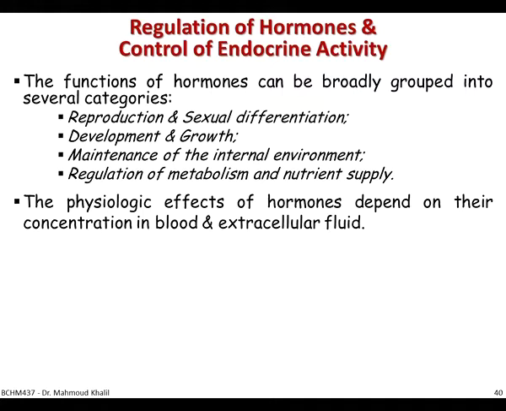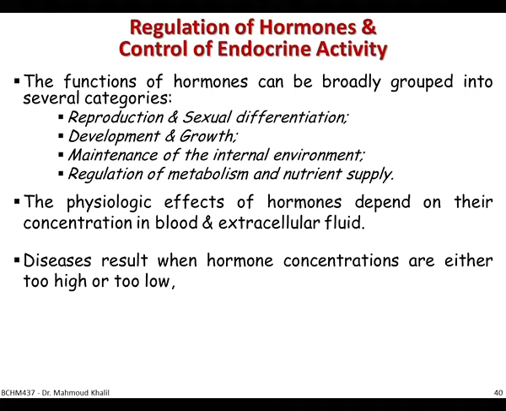At the optimum concentration, the hormone will do its function. Once the concentration falls, the function is diminished. So disease results when hormone concentrations are either too high or too low, as we said before.